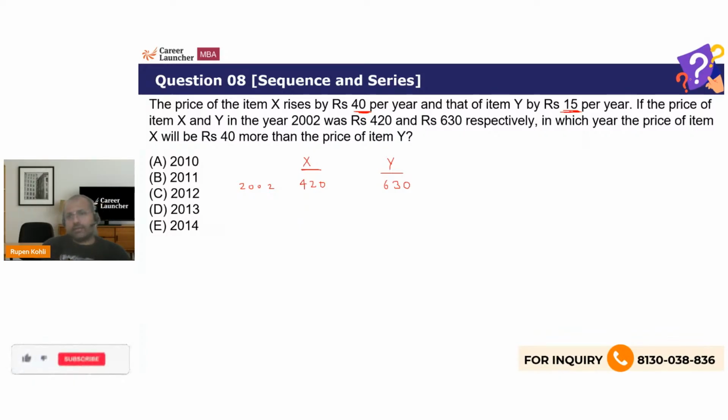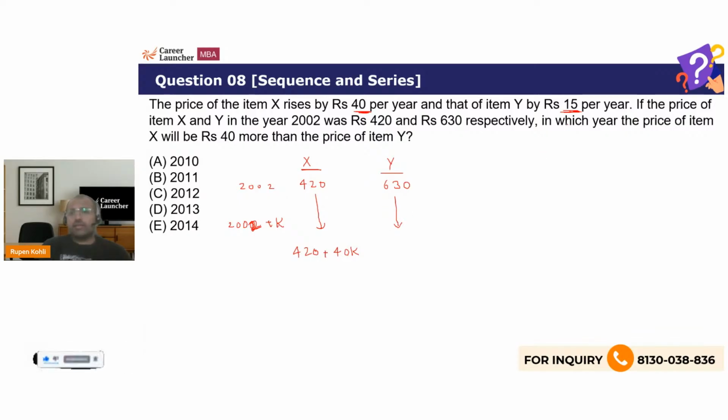rupees, right? So can I say in some year which is some, let's say, k years after 2002, which means 2002 plus k, this price is going to increase by 40 rupees k times, so it will become 420 plus 40k after k years.